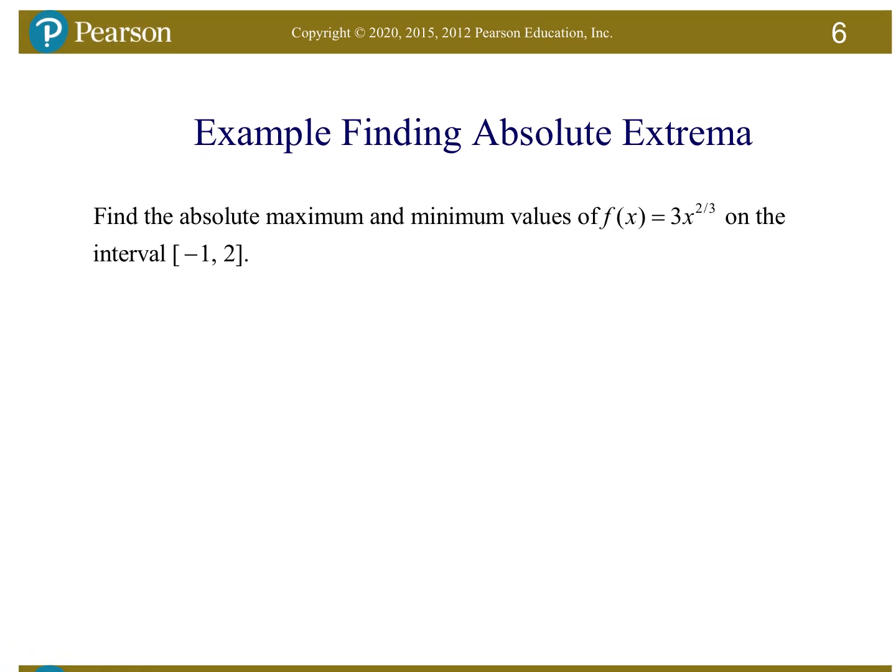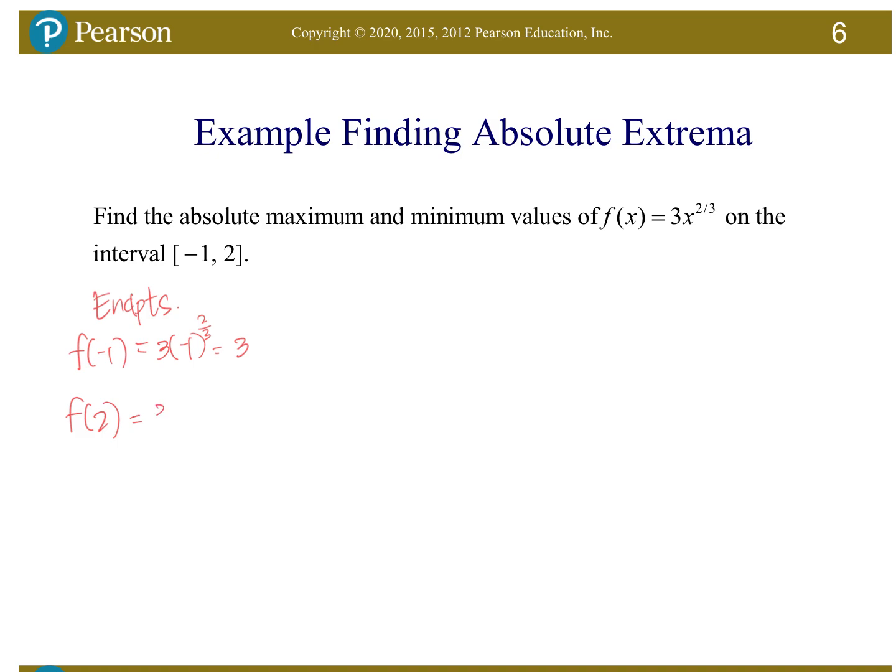Let's do a quick practice. Find the absolute minimum and maximum on the interval. I always check my endpoints first. So I want to find f of -1 and f of 2. These are my two endpoints, which are candidates for being a max or a min. f of -1 is 3 times -1 to the 2/3, which means the cube root of -1 squared, so that's 3 times 1.